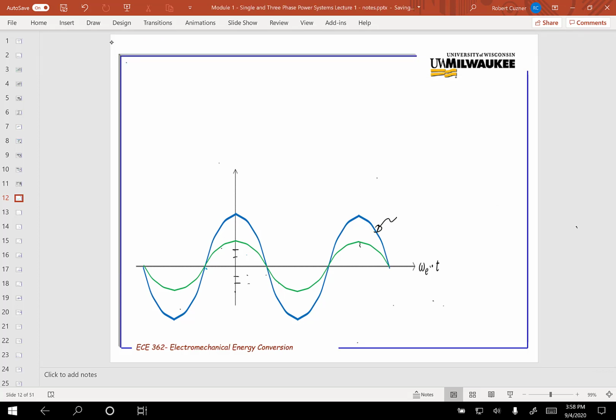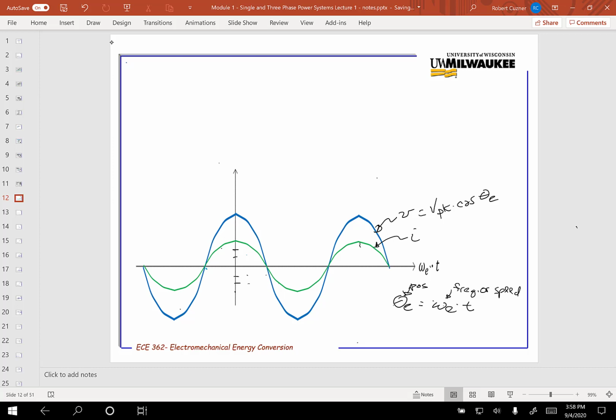We'll just call this voltage V, and this current I. And the voltage V is a cosine right now, so it's V peak cosine of theta E. We've established that theta E is equal to omega E times T. Another way to look at this, by the way, is that theta is an angle or angular position, and omega is an angular frequency or speed.